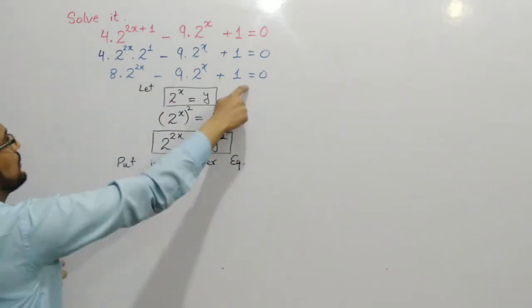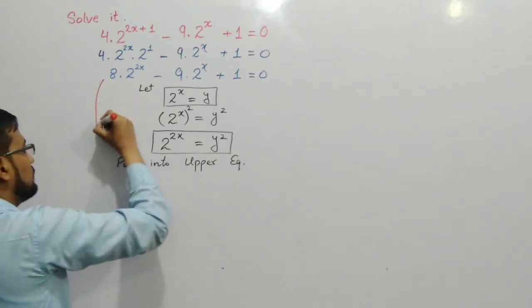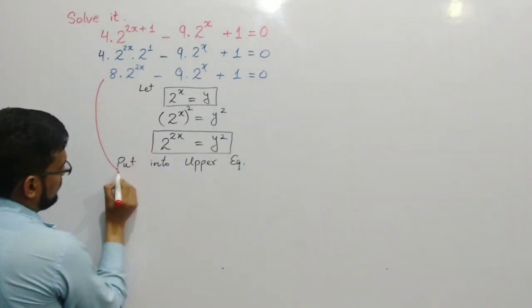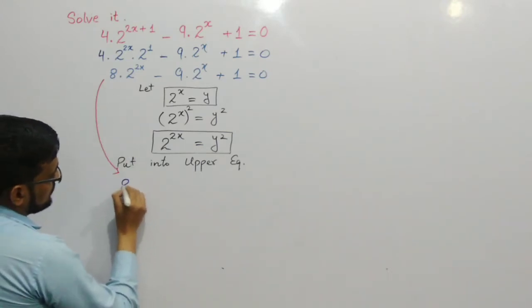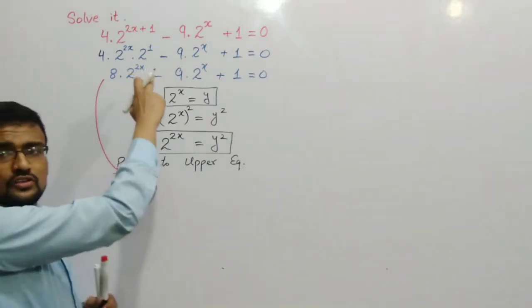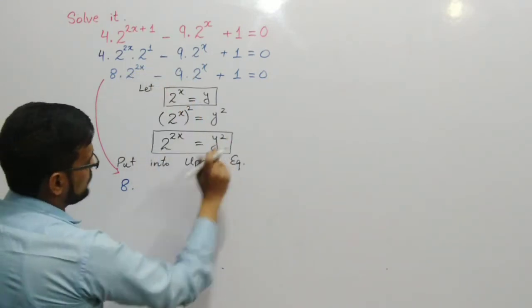The upper equation becomes 8 times 2 raised to power 2x, meaning y square.